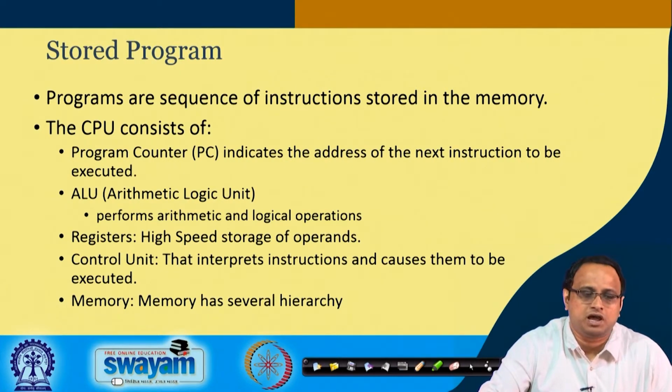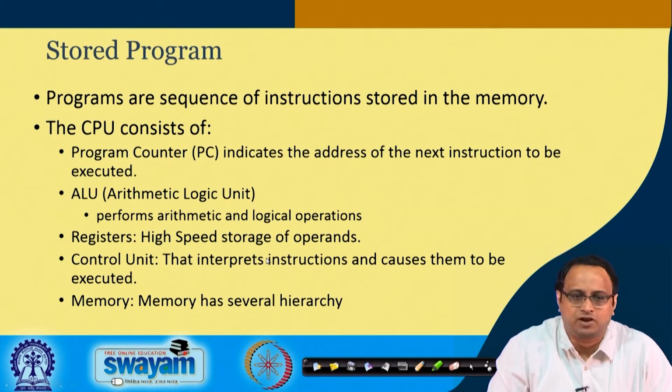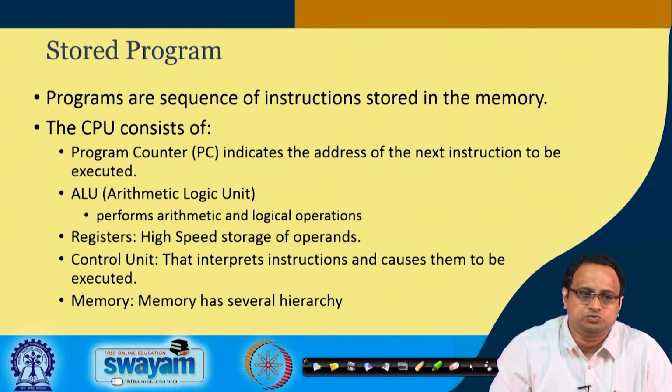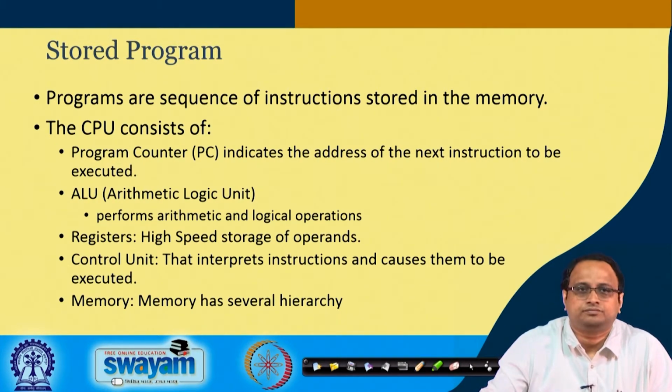As I said, you have a memory hierarchy, which means you try to bridge between the CPU, which is faster in terms of processing speed, and your slow memory, or the RAM.